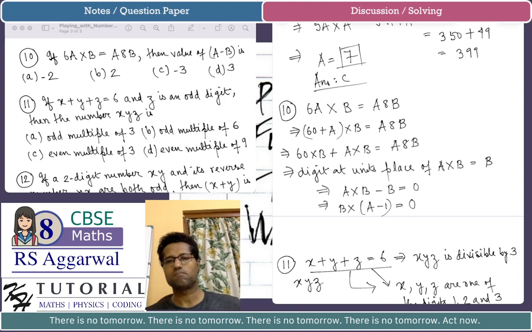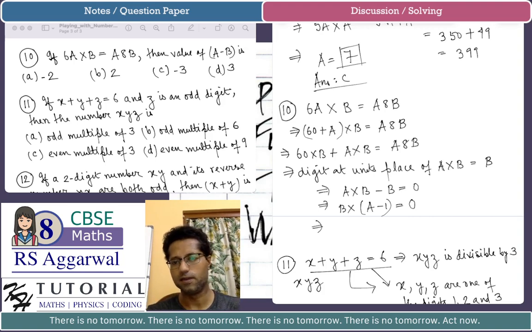Now, b is a digit and a is a digit, so a minus 1 will obviously be a digit. If the product of two digits is 0, it implies that one digit has to be 0.